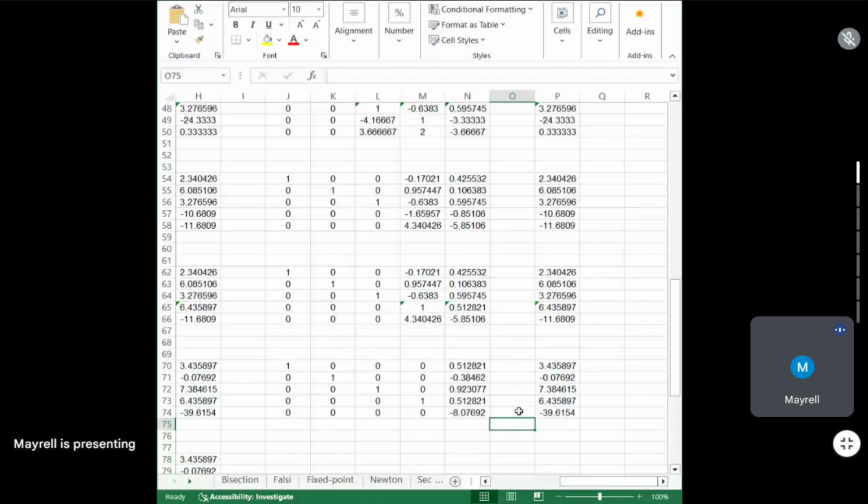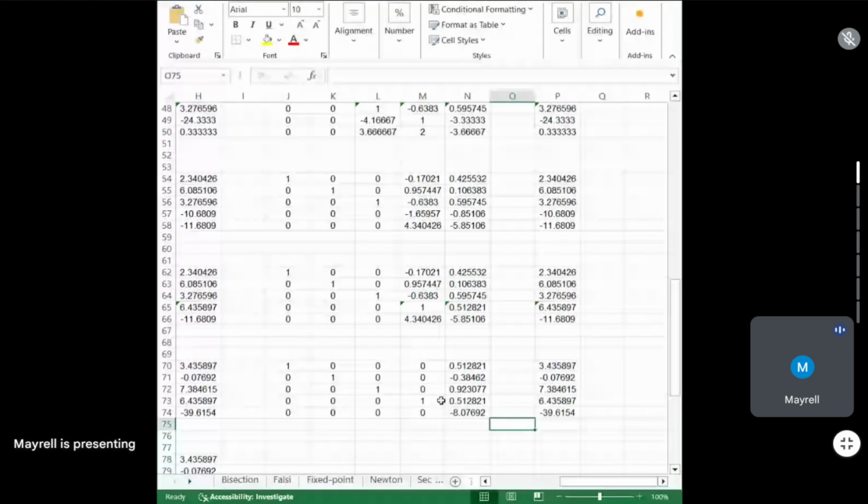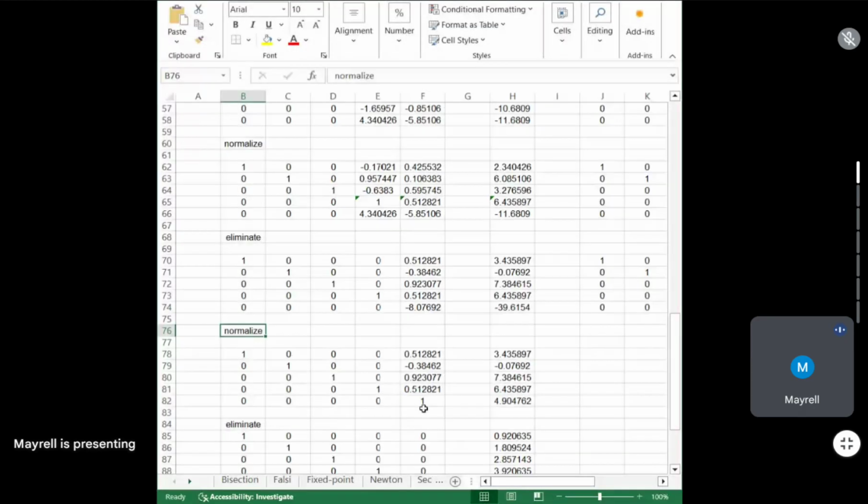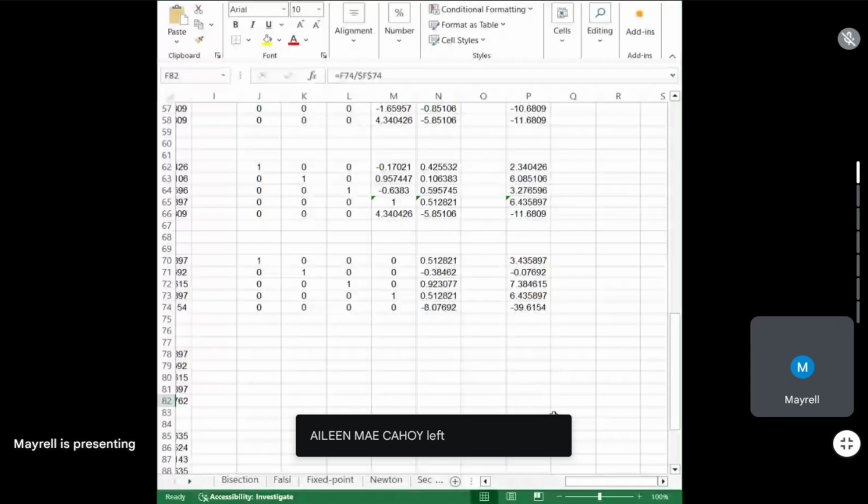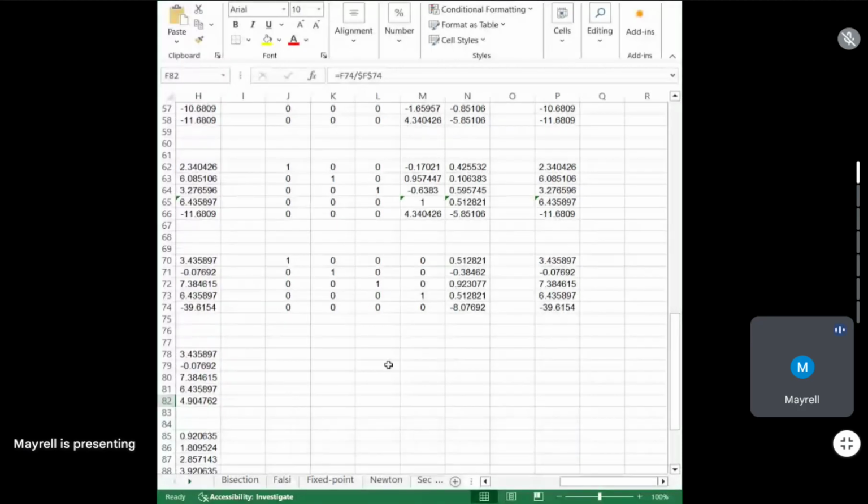And last, you're going to normalize row 5. So you can copy the other elements from the previous matrix.